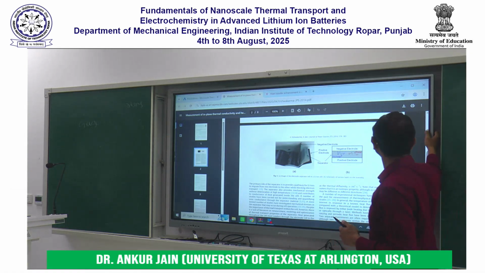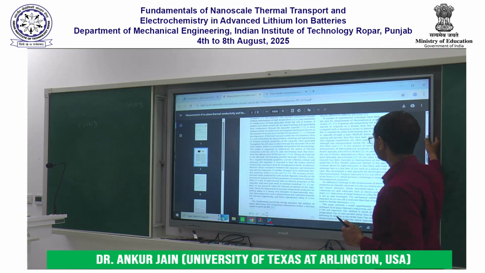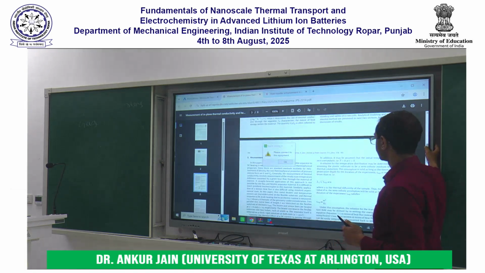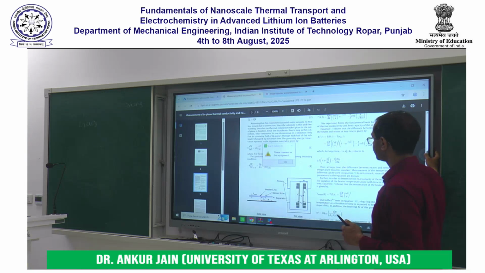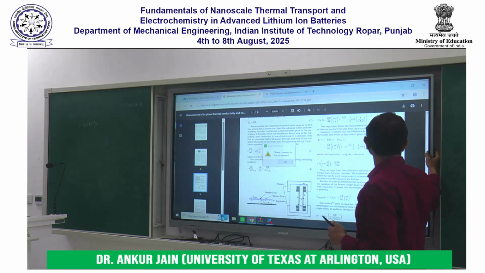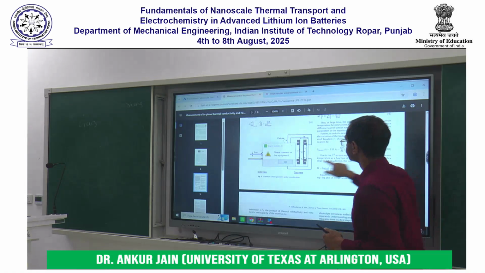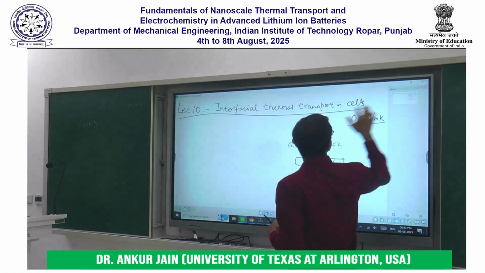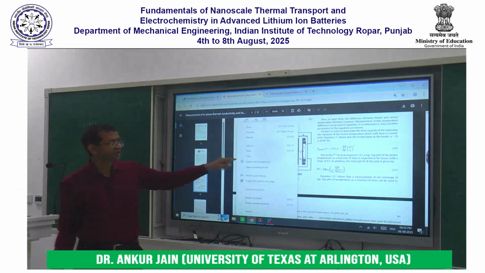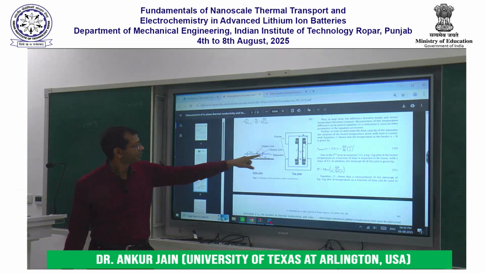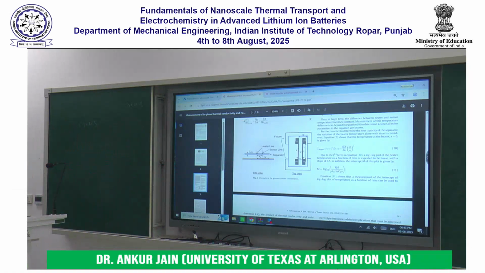And the way we did that was the following. I'll talk about the experiment first. So this is a good picture. The blue is the separator for which I want to measure thermal properties.